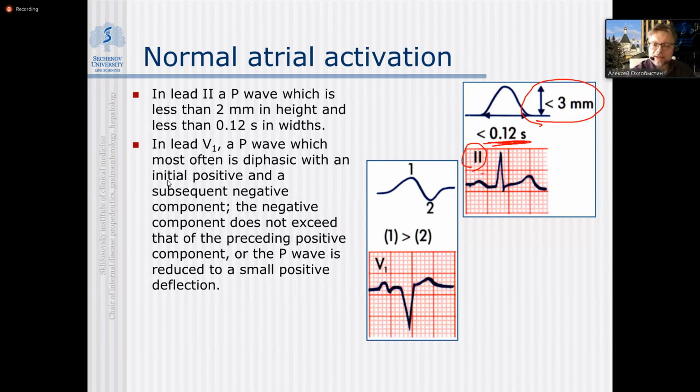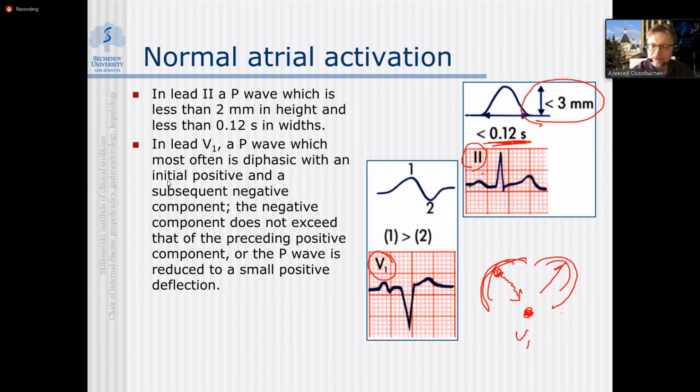Then another extremely useful lead will be the first chest lead. It's located almost in between the right atrium, which hosts the sinus node, and the left atrium. The sinus node will activate the right atrium in the direction towards V1.